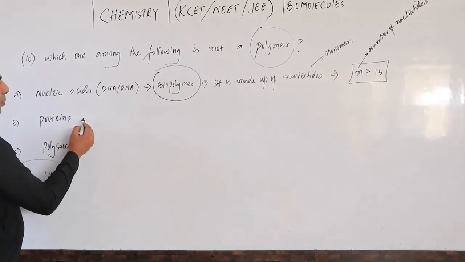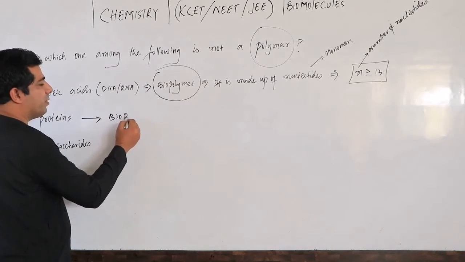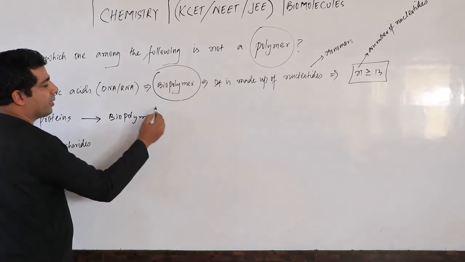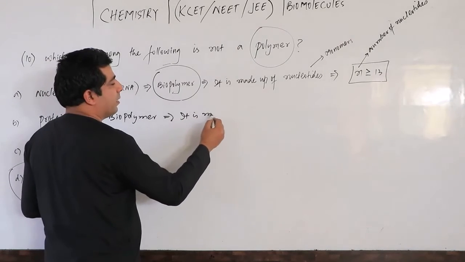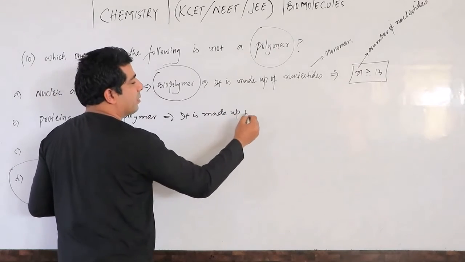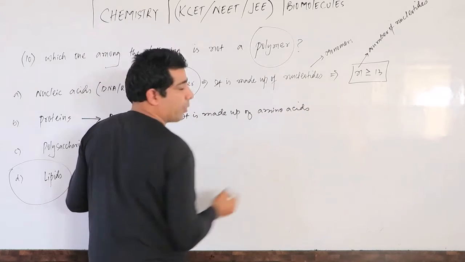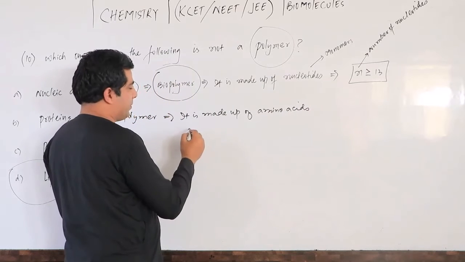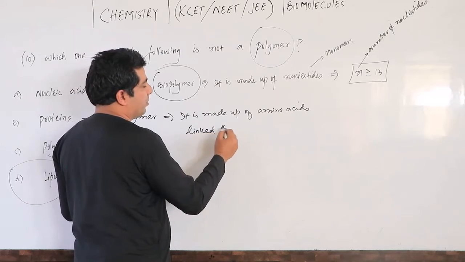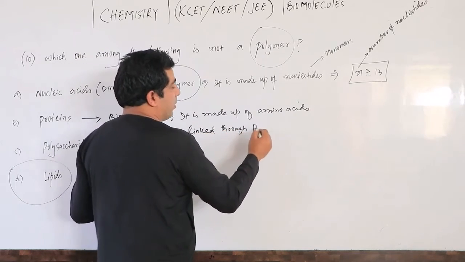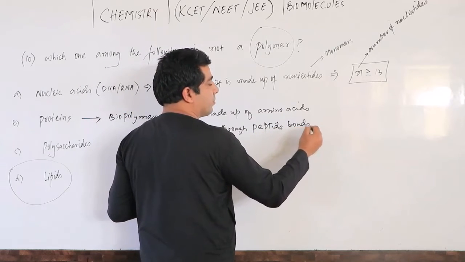Everybody is aware about proteins also, okay? Protein is also a biopolymer, a natural polymer, correct? So it is made up of amino acids, linked through peptide bonds, correct?